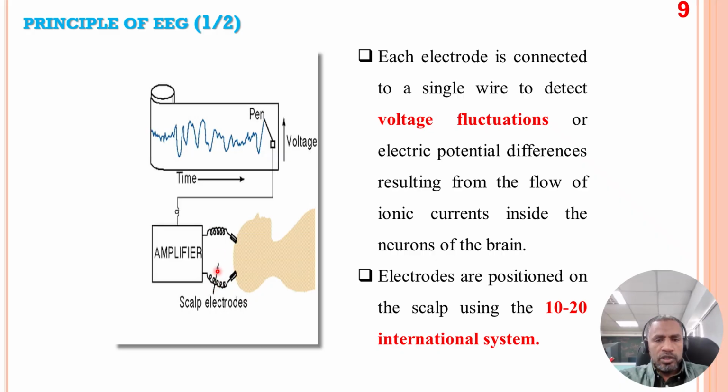These electrodes are connected with a single metallic wire that is amplified and finally generates some sort of signal. This electrode positioning is the scalp-based 10-20 international system.